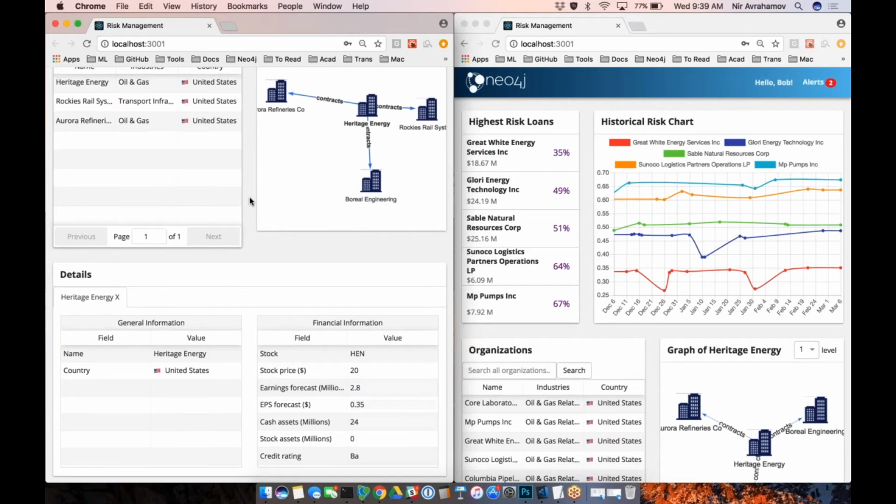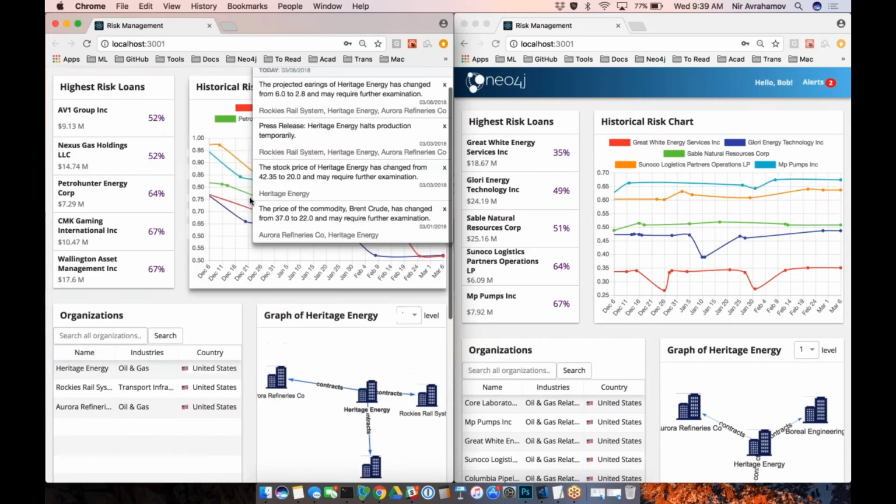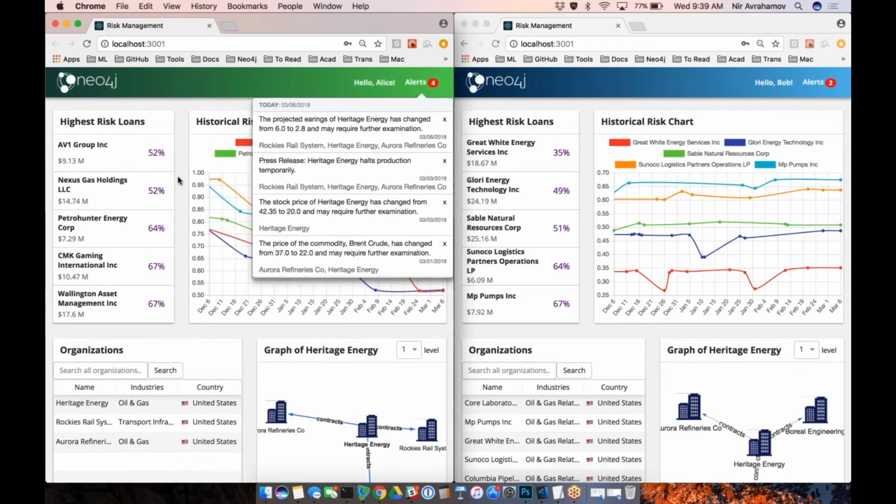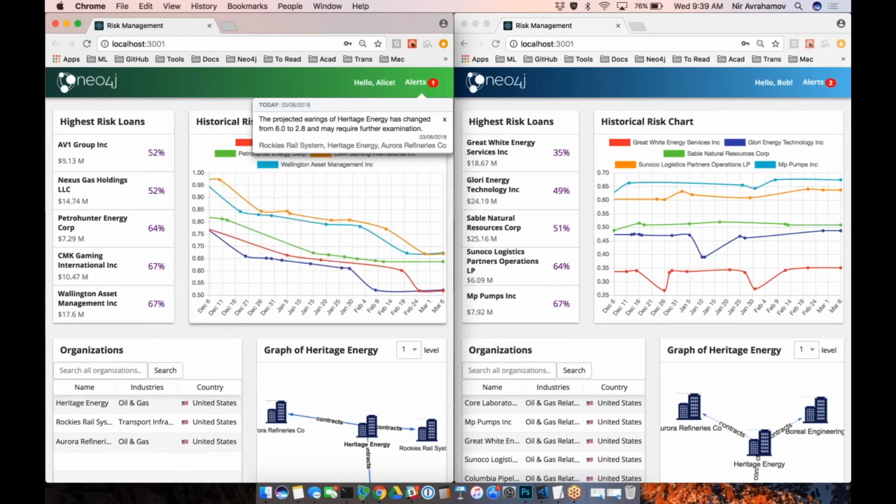This is what analysts do. They're tracking their companies, they're modeling their risk, they're modeling what their earnings per share is expected to be. And so Alice is just following the companies that she has been assigned. And now we're going to model another market update, right, Nir?